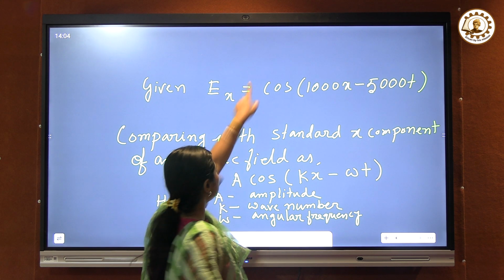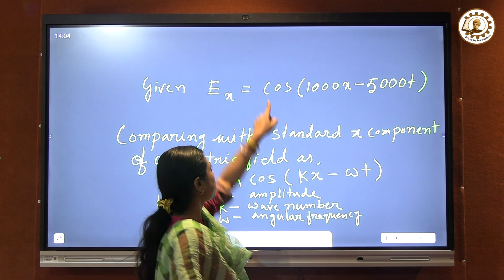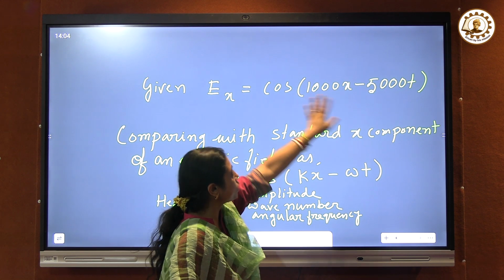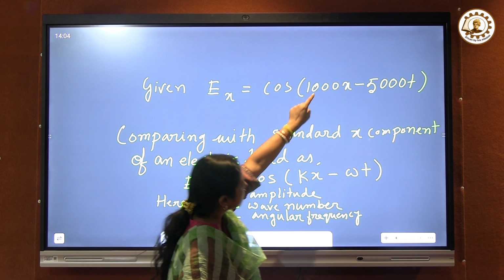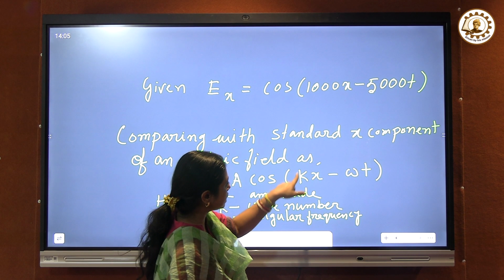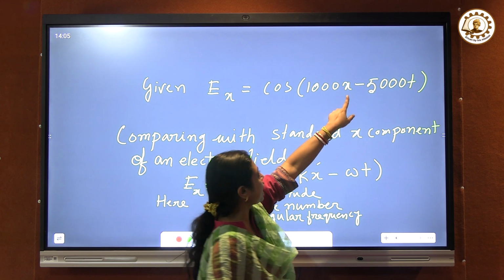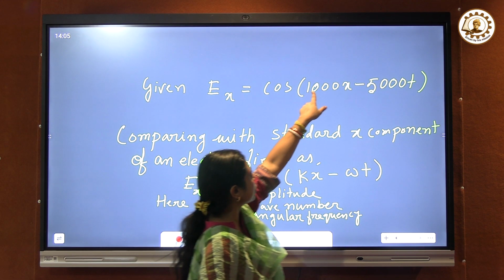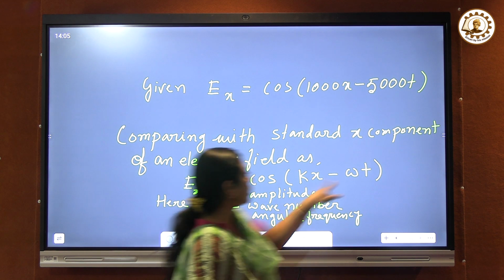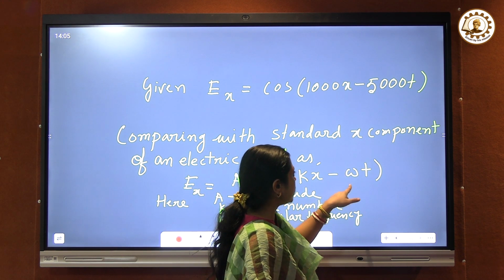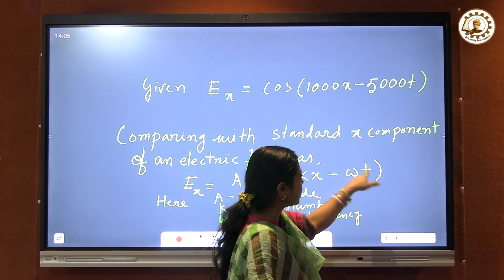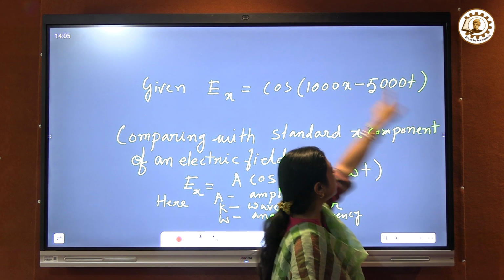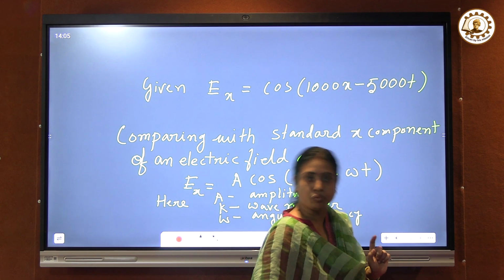In the cos part, with x is your wave number k, and with x here is 1000. So the wave number k is equal to 1000. Omega, the angular frequency, is along with t, and here the component is 5000t. So omega is equal to 5000.